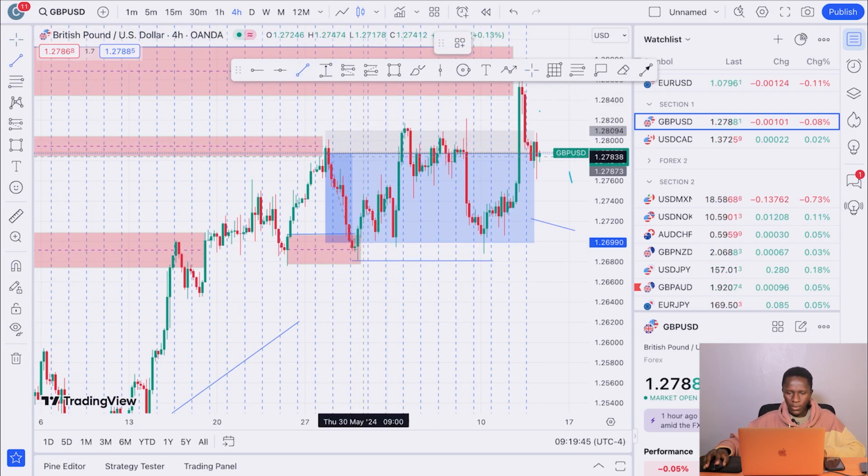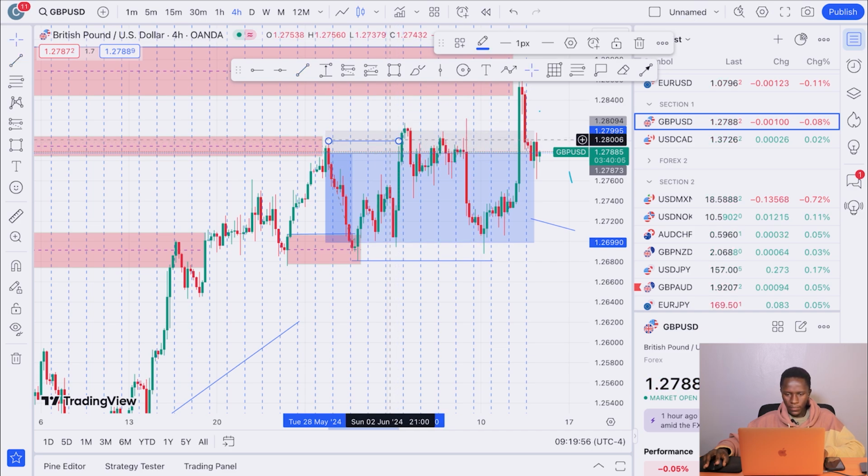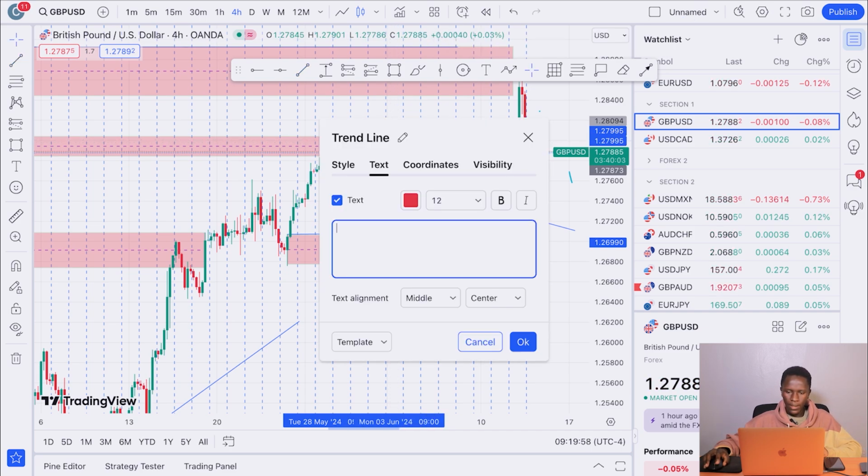Then the market went further and broke the structure above, confirming the upper trend. It made another break of structure.